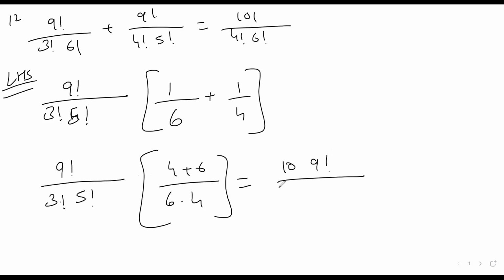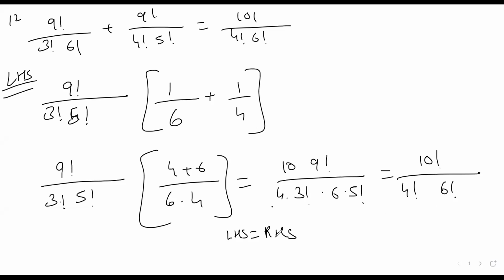This will be 4 into 3 factorial into 6 into 5 factorial. 10 into 9 factorial is 10 factorial. 4 into 3 factorial is 4 factorial. 6 into 5 factorial is 6 factorial. Proved. LHS is equal to RHS.